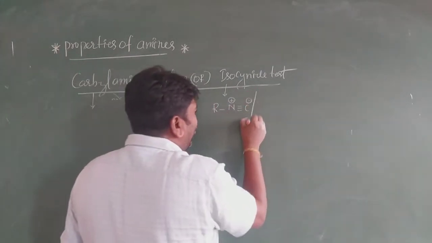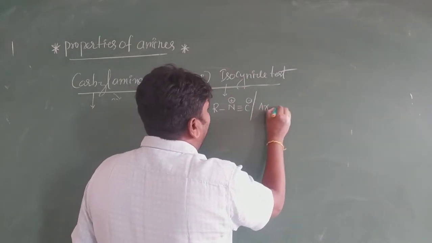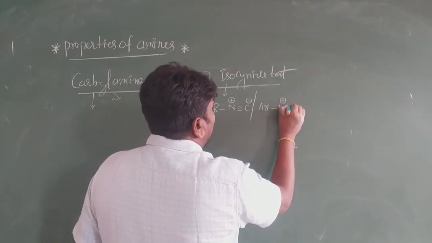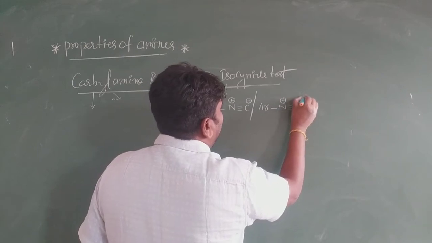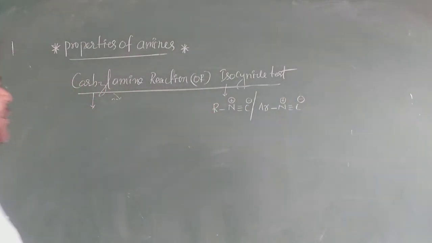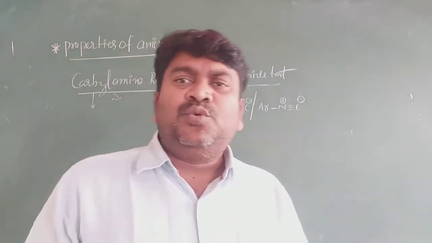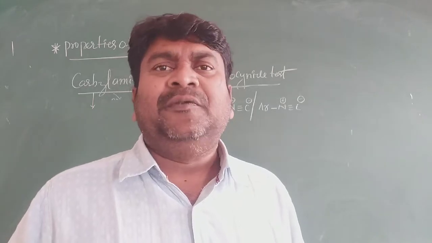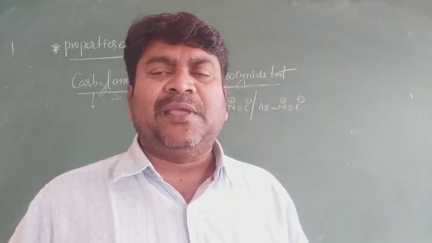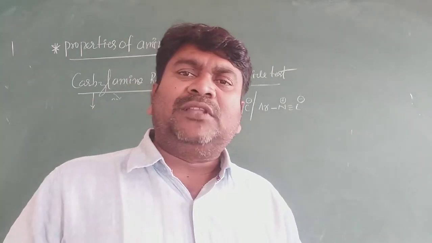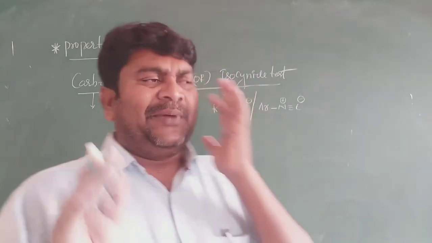If you take an aromatic amine, it is Ar N plus triple bond C minus. You have to remember, my dear students. So this is the carbylamine test, used for the identification of primary amines, including both aliphatic and aromatic amines.